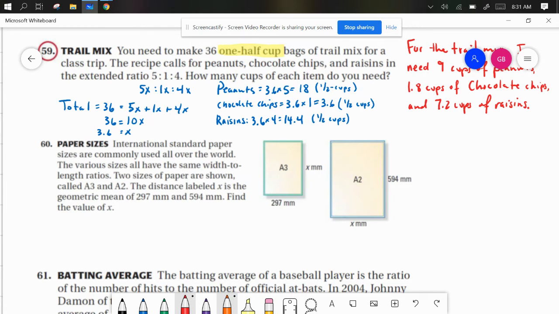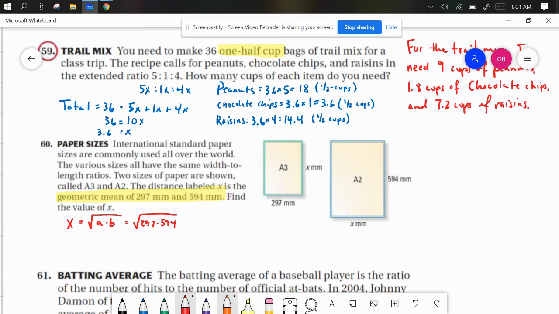Okay. So it's telling us to find the geometric mean of these two numbers. And we have the formula for geometric mean. x equals square root of a times b. So in this case, square root of 297 times 594. Okay.